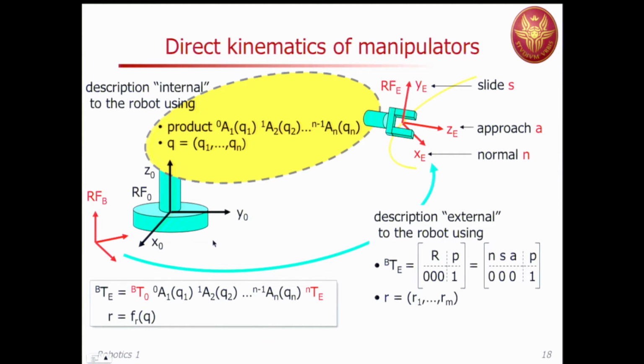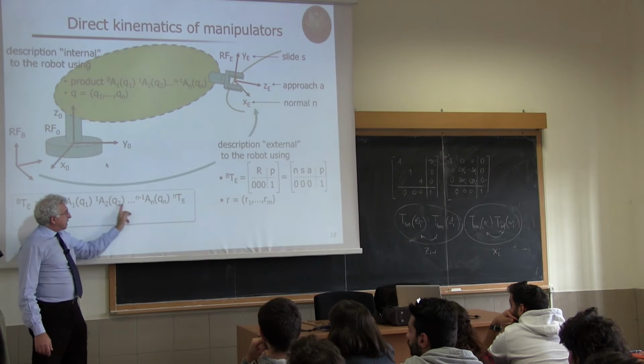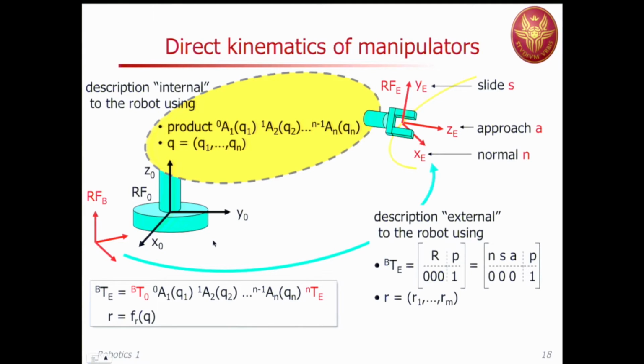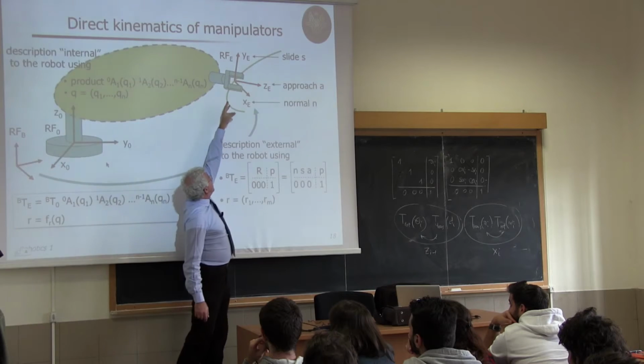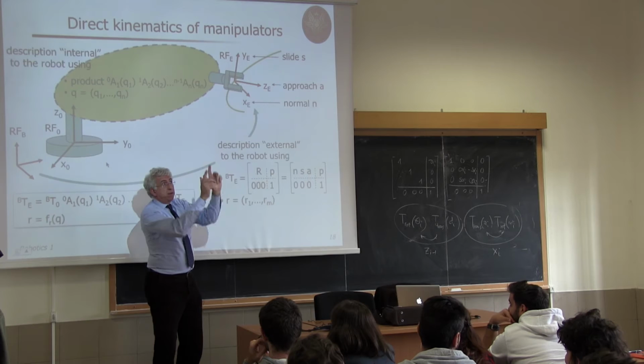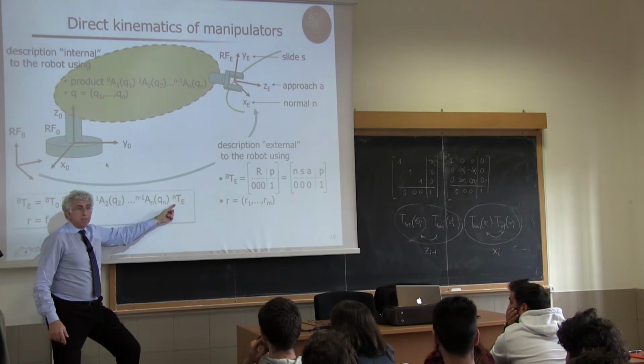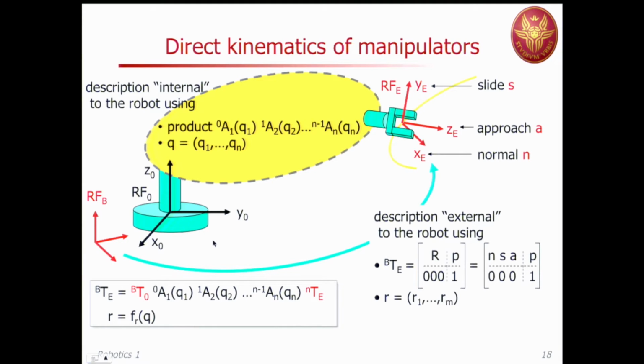The external representation T_BE is equal to the internal one, which has a constant homogeneous transformation matrix for going from B to 0. And then I start with the standard direct kinematics until frame n, which is placed somewhere, much like frame E, but it's displaced in position and in orientation. But it's a constant change, which can be represented by another constant homogeneous transformation matrix from n to E.